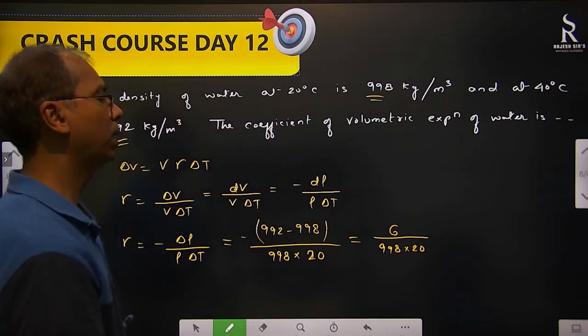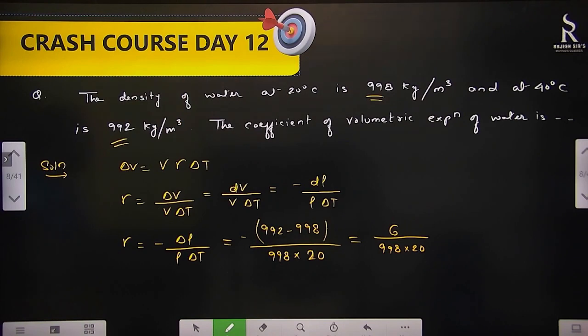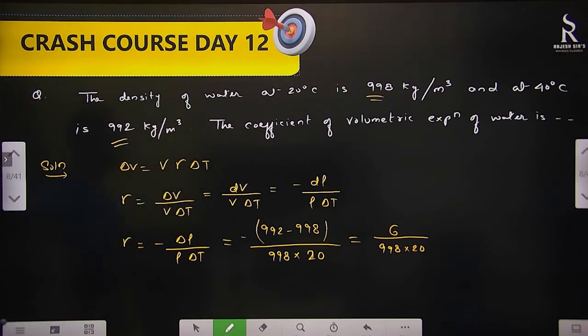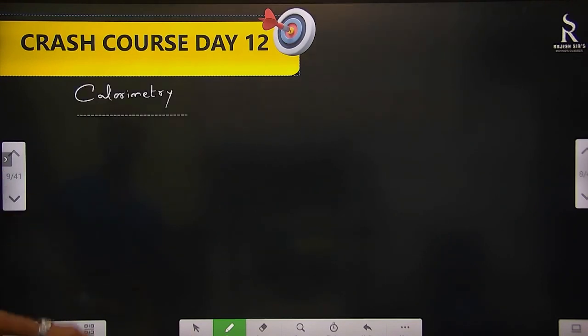That's gamma. As simple as that. This way we can find the gamma value from the given question. Alright, then now we'll start calorimetry.